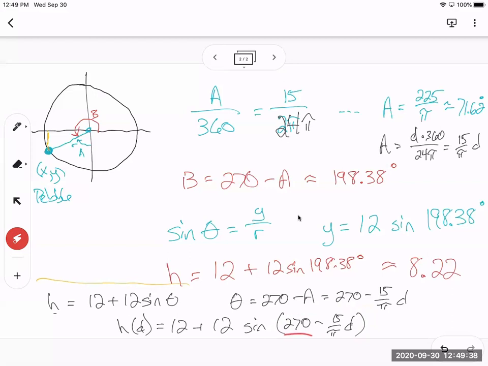So my shift of 270 minus this might be the same as this plus 90 degrees. So this might look a little different based on how far your horizontal translation was. I shifted it in one direction and maybe you shifted it in another direction. And then another thing might just be how you factored out the number times the D.